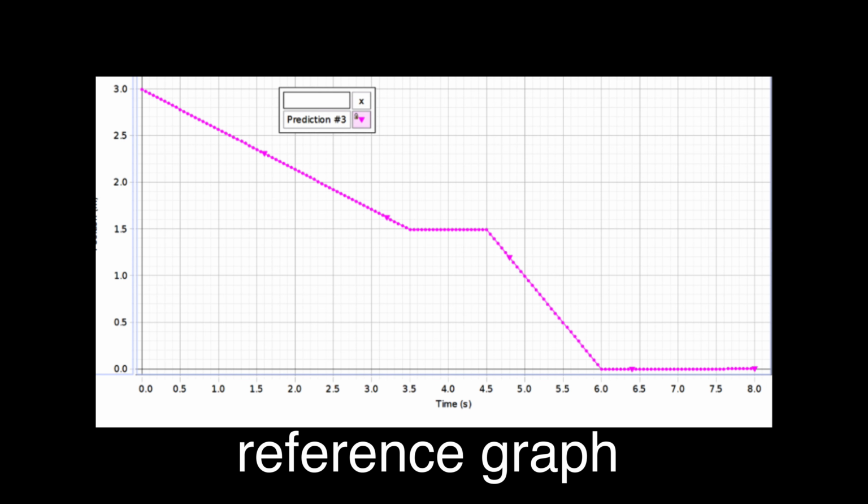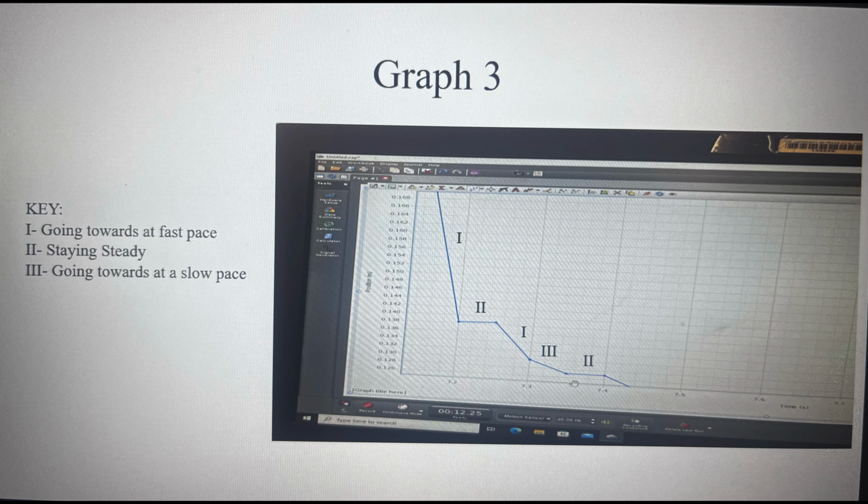In graph 3, we can yet again see how time is on the x-axis and position is on the y-axis. For this graph, we start off going down in a negative direction. As you can see in the key, it is going towards the sensor at a fast pace.